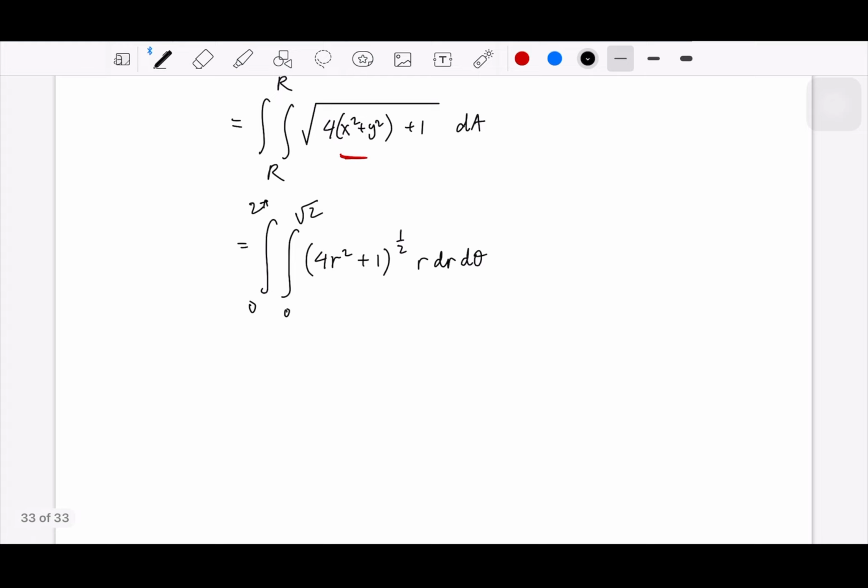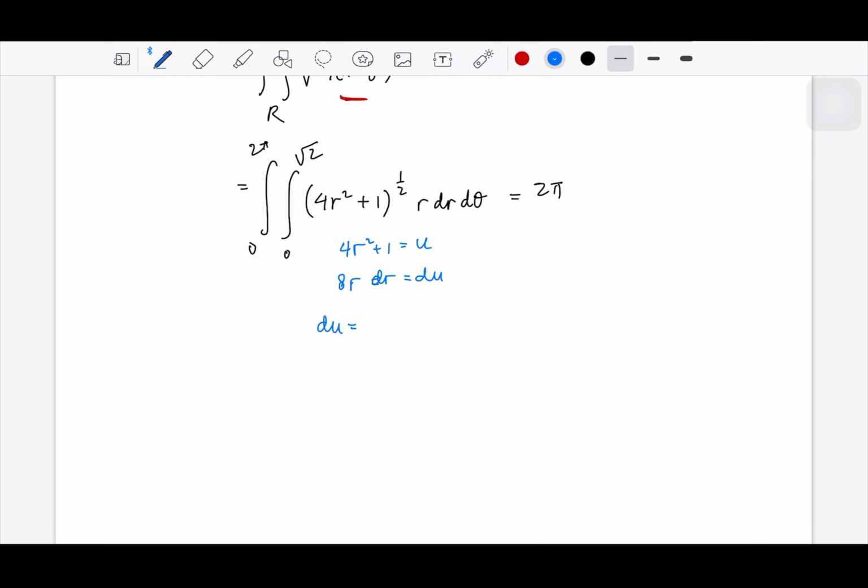Okay, we could start with this 2 pi. And for 4r squared plus 1, we could use substitution: 8r dr equals du.